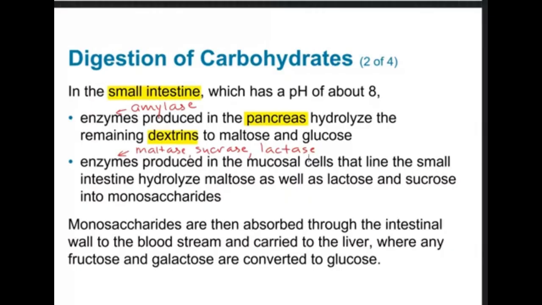They break those down into monosaccharides. Monosaccharides are absorbed through the intestine wall and into the bloodstream. And then, since you get fructose from sugar and galactose from lactose, milk sugar, they have to be converted to glucose in the liver.